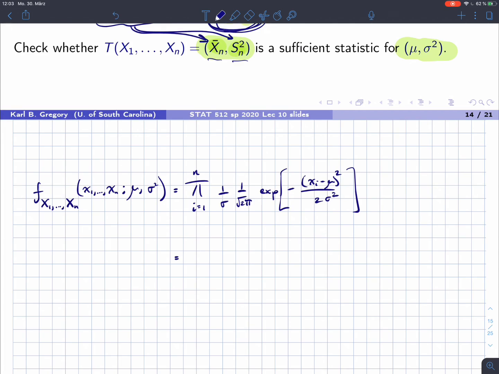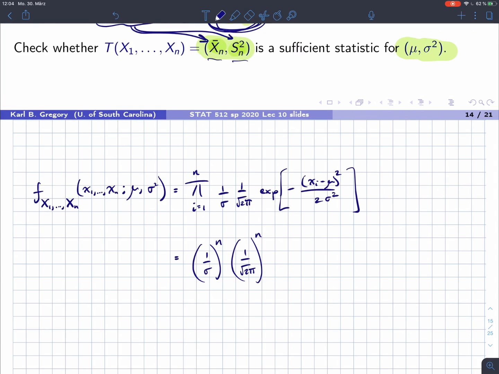So if I take this product, I'm going to write 1 over sigma raised to the power n. That's what I get when I apply the product to this 1 over sigma. Then 1 over root 2 pi raised to the power n.